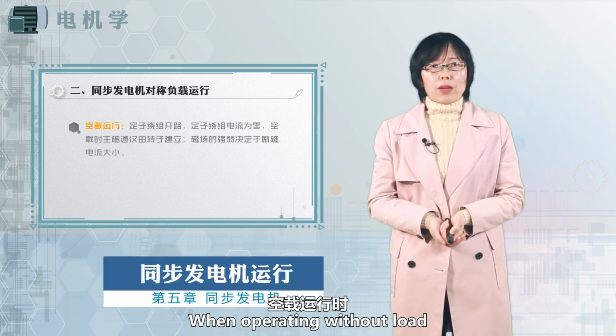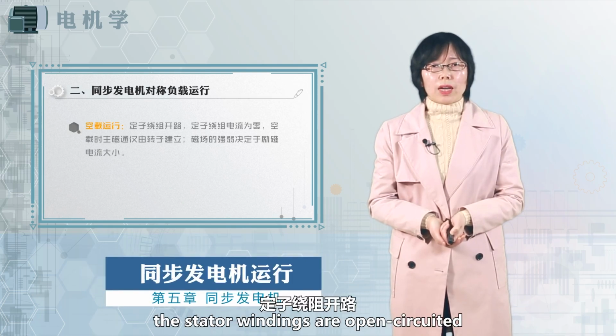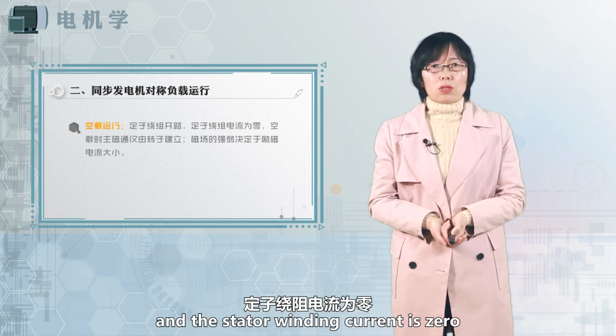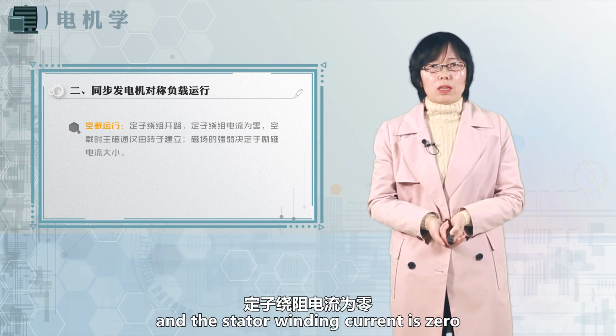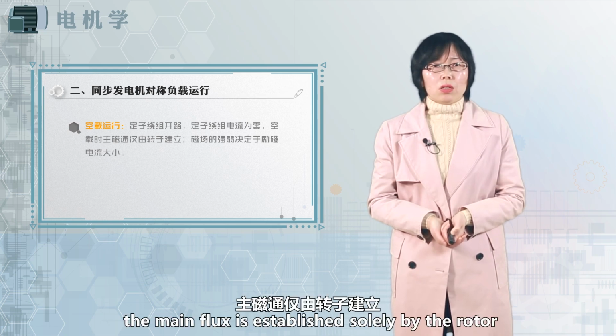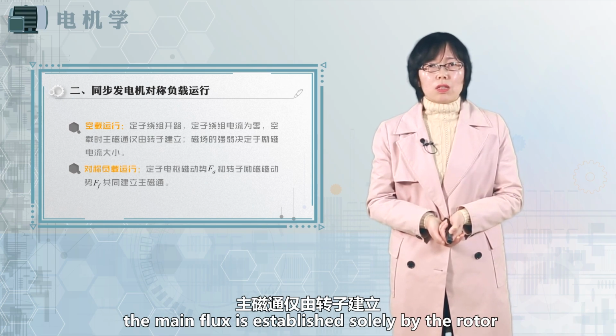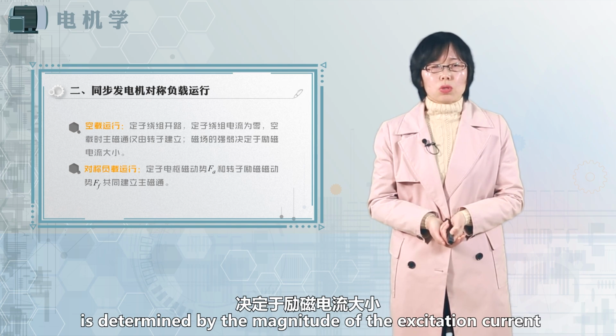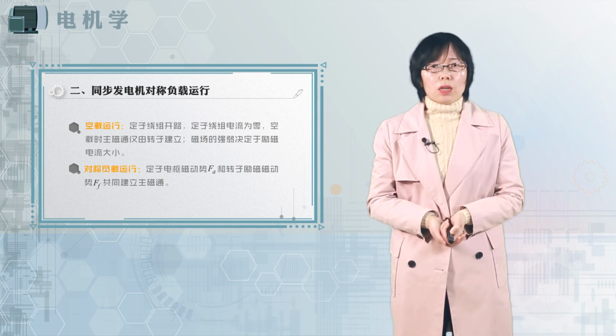When operating without load, the stator windings are open-circuited, and the stator winding current is zero. When no load, the main flux is established solely by the rotor, and the strength of the magnetic field is determined by the magnitude of the excitation current.